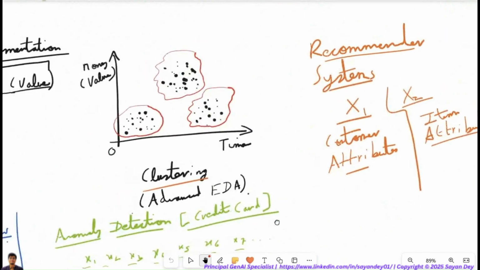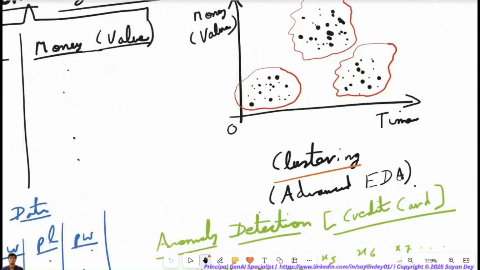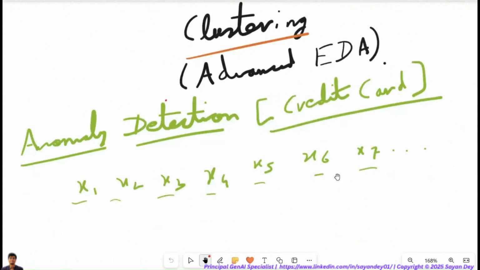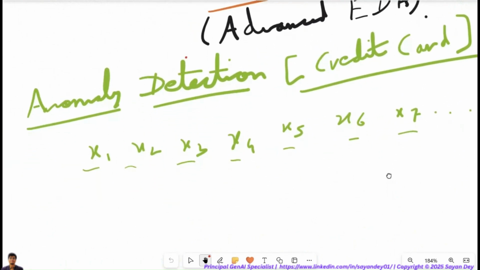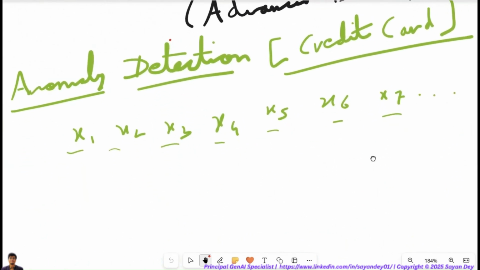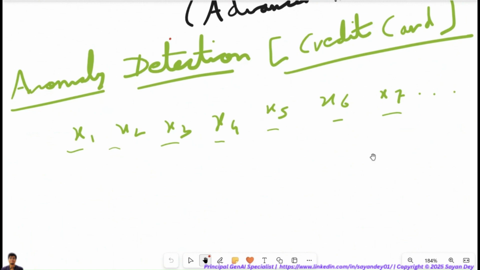Some other applications of clustering could be anomaly detection in credit cards. We did a credit card case study already, a very good use case of how we can translate this problem to an unsupervised learning problem. A key terminology that we use here is anomaly detection.